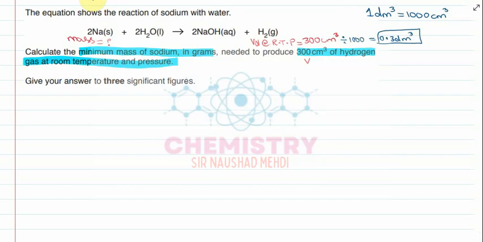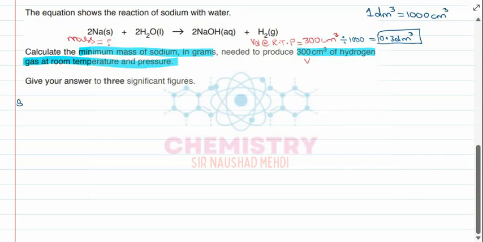And they are asking you to calculate the mass of sodium. Now, since the volume is given to you, it is giving you a hint that you have to first of all use the volume of a gas formula.